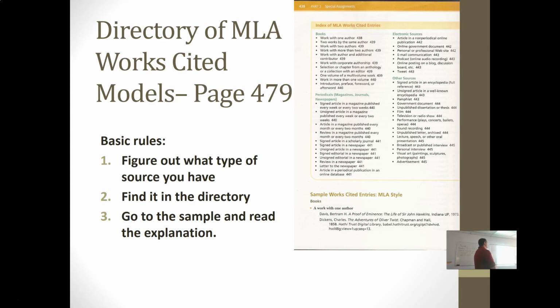To me, this is a better way to do it than just putting it into something like Citation Machine, which I don't mind because you still have to check it for accuracy. If you do it this way, you're probably going to get it more correct than Citation Machine, because with Citation Machine you still have to enter the information correctly for it to come out correct. So why not just do it yourself?